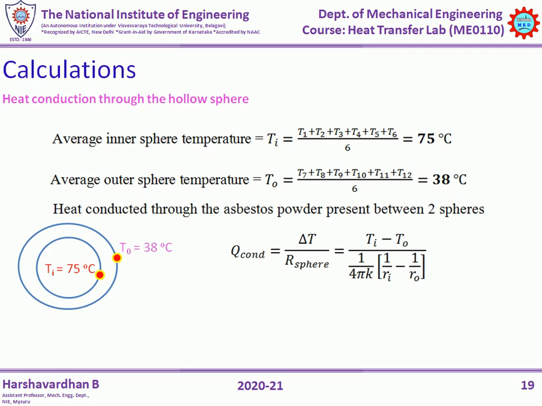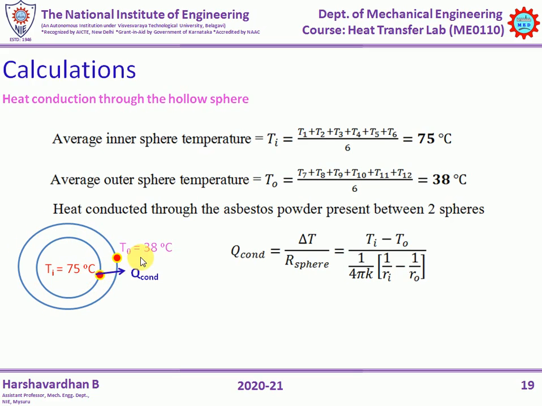Because of this temperature difference across the inner surface and the outer surface of the hollow sphere, heat is going to be conducted, and that heat conducted can be calculated according to the expression delta T by R sphere, where R stands for the thermal resistance offered by the hollow sphere. In this case, the gap between the two spheres has been filled with insulating material.